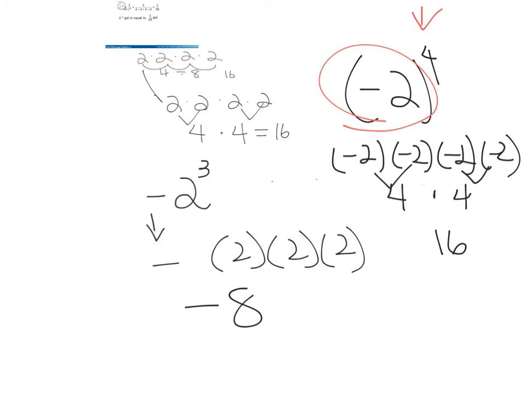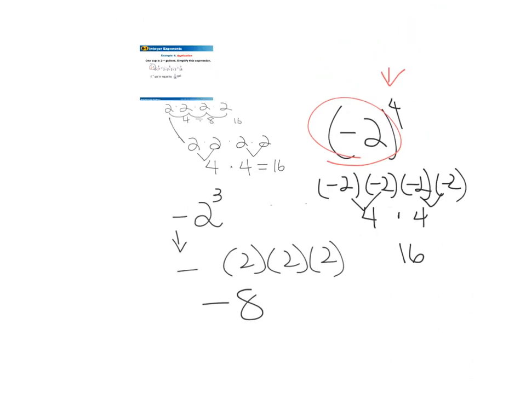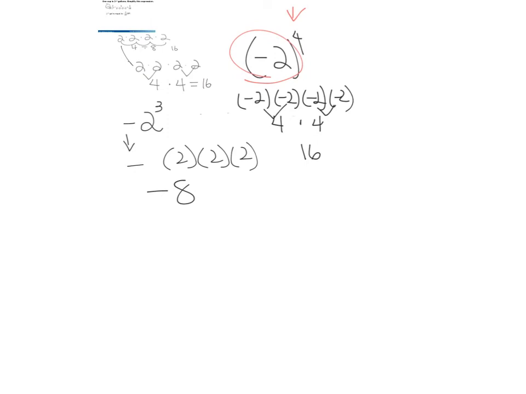Yes? What if both the base and exponent are negative? Okay, so let's look at one of those. So let's say we have a base that's a negative 2, and let's say it's a negative 3 exponent. Okay, first of all, the negative 3 exponent is going to make this negative 2 go to the bottom.